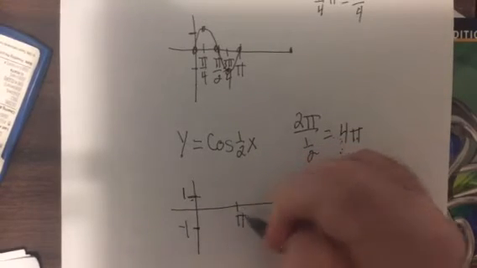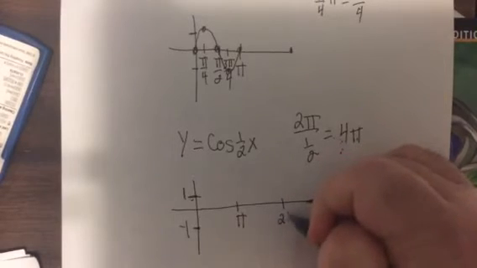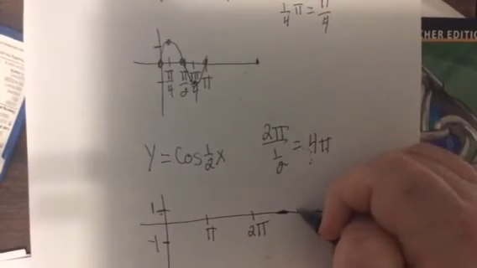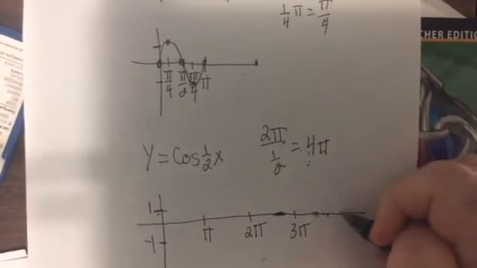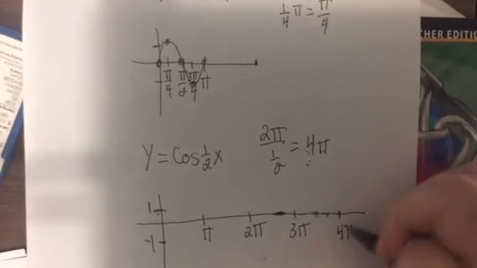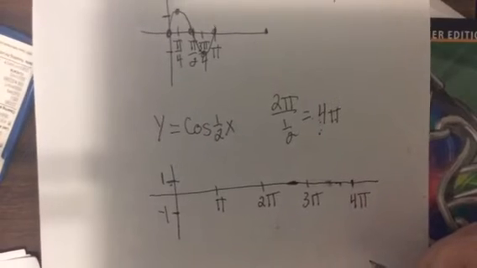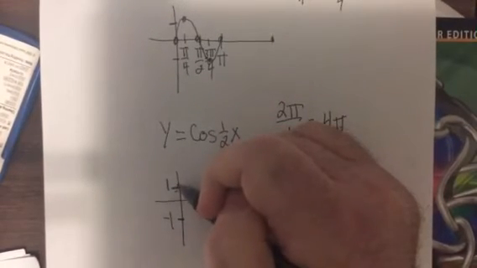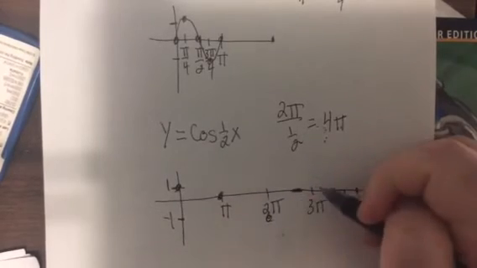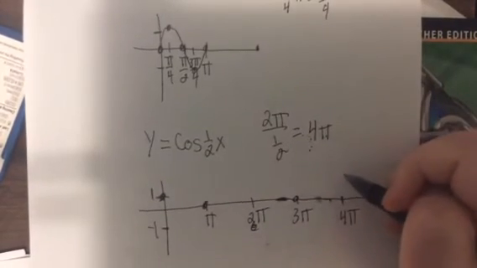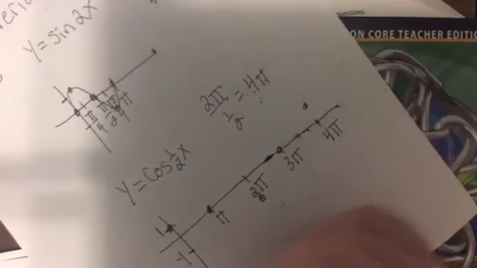So pi, 2 pi, 3 pi, 4 pi. So we're going to have cosine 0, negative 1, 0, 1.